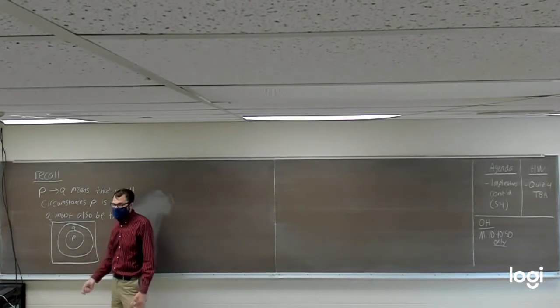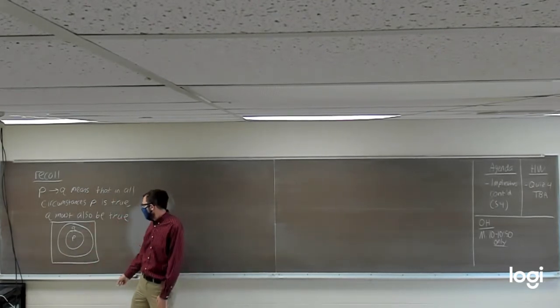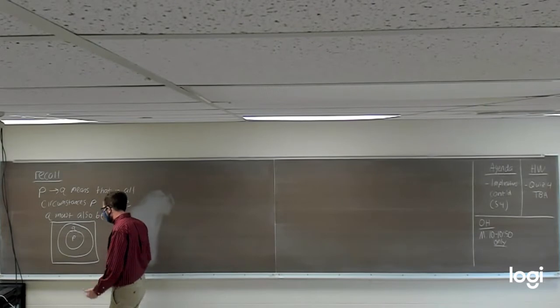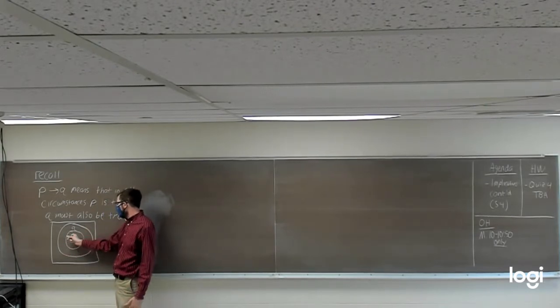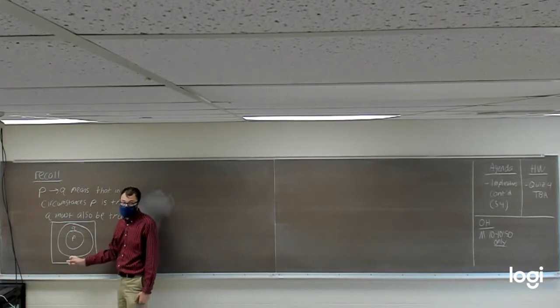Meaning the Venn diagram for your P and Q has to look something like this, where all the circumstances under which P is true would also be circumstances under which Q is true.